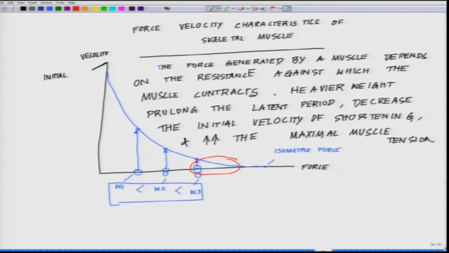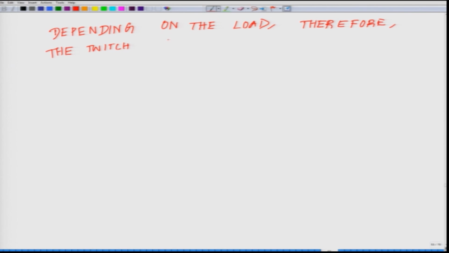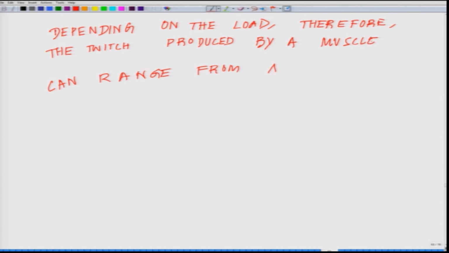Maximum muscle tension. Depending on the load, therefore, the twitch produced by a muscle can range from a high force, okay, low velocity, okay.